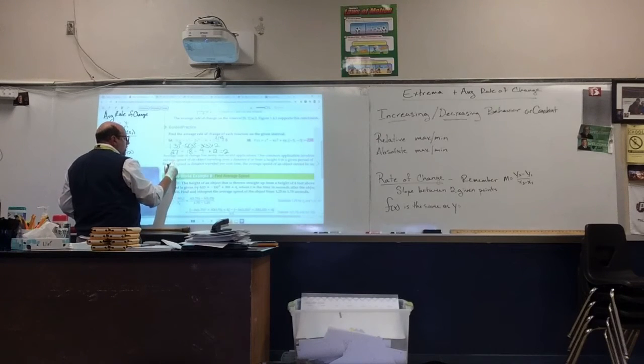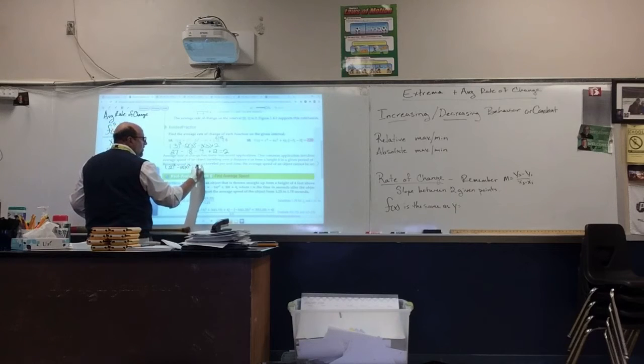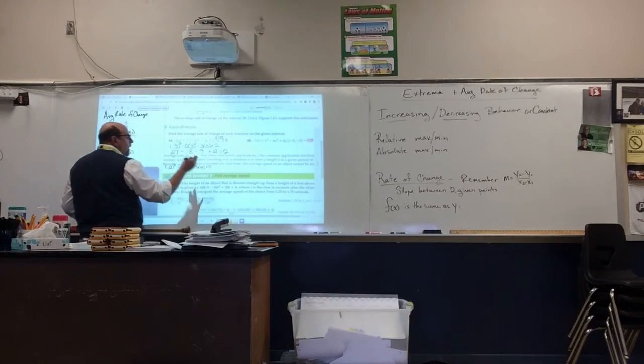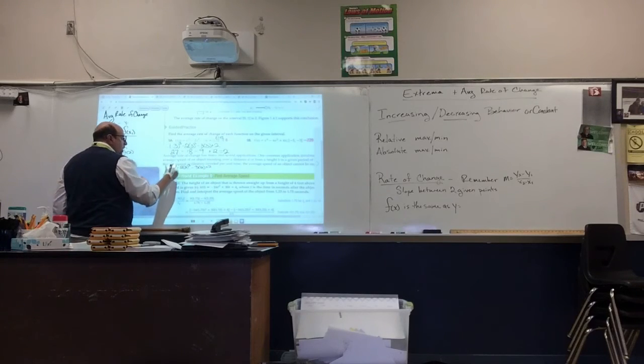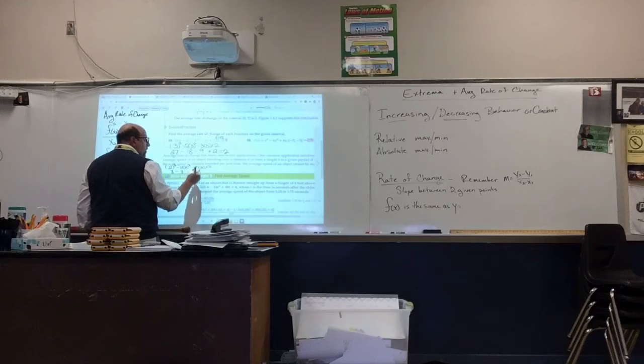I'm going to say that 2 cubed minus 2 times 2 squared minus 3 times 2 plus 2. Okay, well, this is pretty easy. 2 cubed is 8 minus 2 squared is 4 times 2 is 8. Uh-oh, 8 minus 8. Minus 3 times 2, which is 6, plus 2.